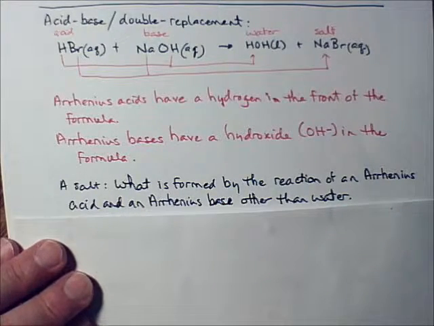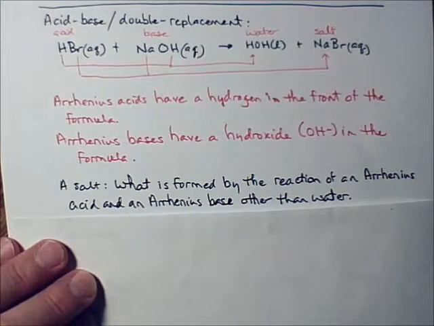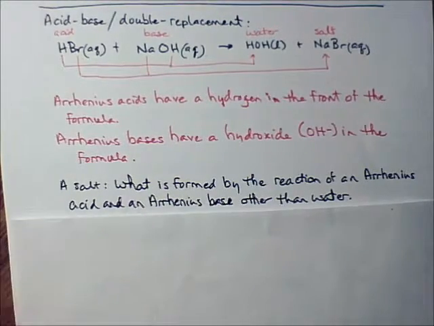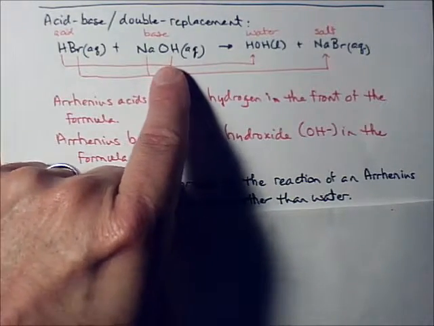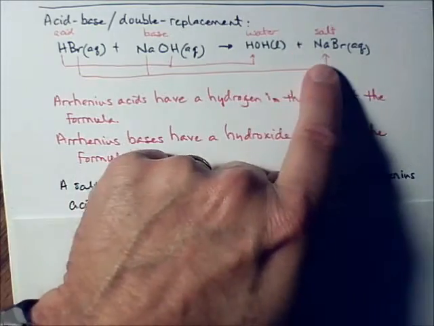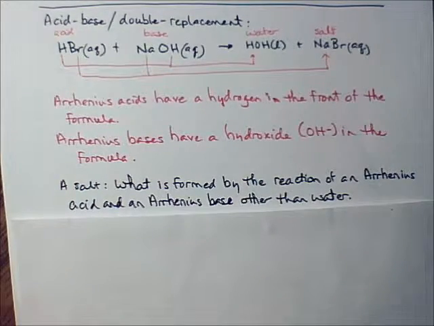And then I also said salts. Those are what is formed by the reaction of an Arrhenius acid and an Arrhenius base other than water. Okay. So if you have hydrogen in the front, hydroxide in the back, you're going to form water and a salt, and that's an Arrhenius acid-base reaction. It's an acid-base and double replacement reaction. Okay?